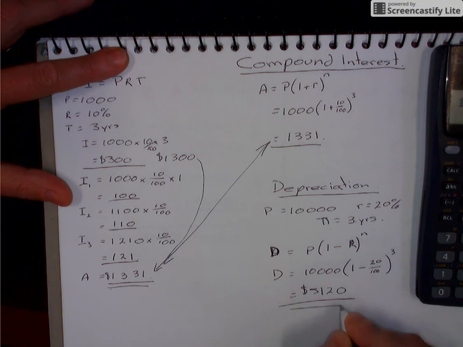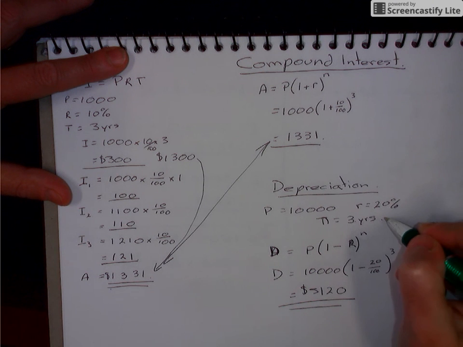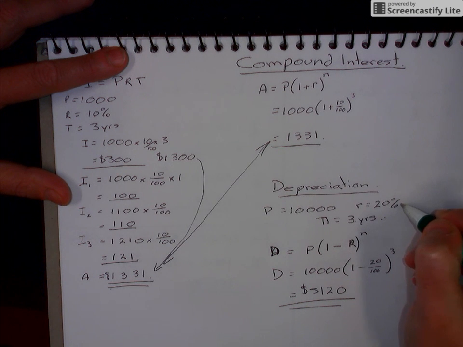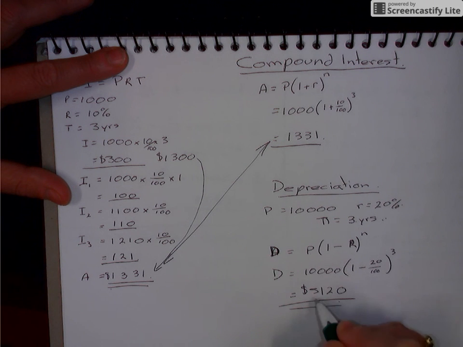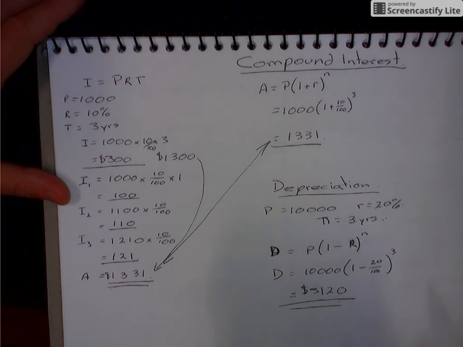So what this is telling me, that at the end of 3 years, if my car depreciates at 20% per year, it will now only be worth $5,120. Wouldn't be very happy with that, but that's life. Okay, so that's compound interest.